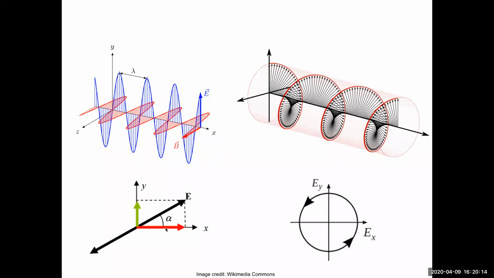Any polarized wave you can break up into a horizontal and a vertical. The horizontal component will react with a horizontal antenna and the vertical component will react with the vertical antenna, and then you can talk about how that goes through the rest of your system. Okay, that makes sense. Thank you so much.